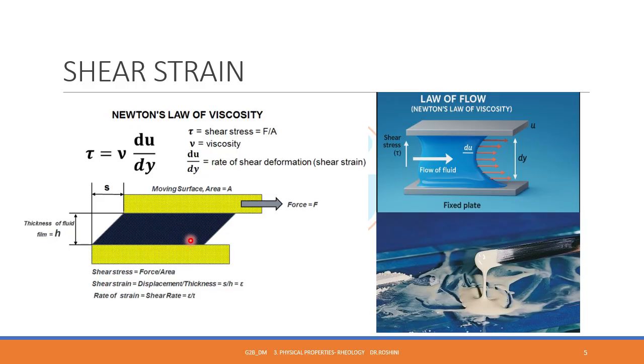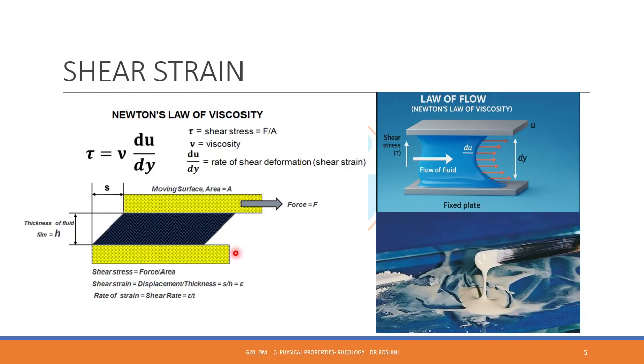Exactly the same picture you can compare to that of a dental material, where you can see the glass slab and the spatula as two surfaces, and the dental cement which is being mixed over the fixed glass slab in between. So here the fixed surface is the glass slab, the moving surface is your spatula, and the fluid in between is the dental cement.